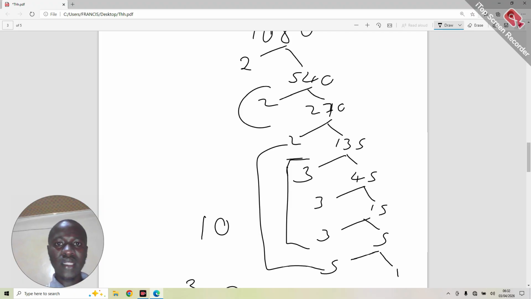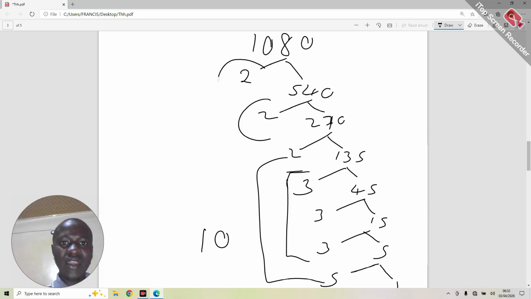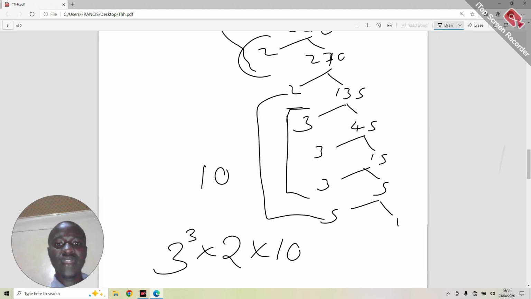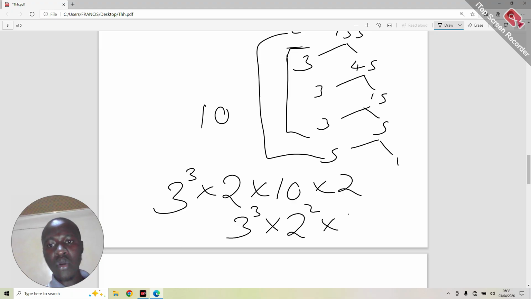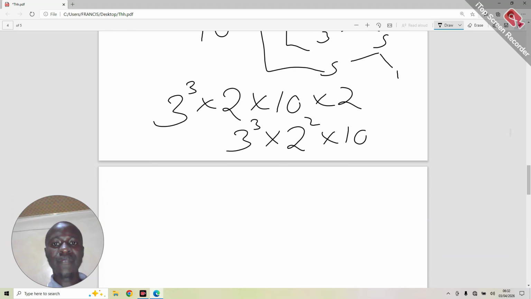Oh, sorry. There's another 2 here. So times 2, which is the same as 3 cubed multiplied by 2 squared multiplied by 10, which now I think is right. Yeah, that one is giving us 1080.